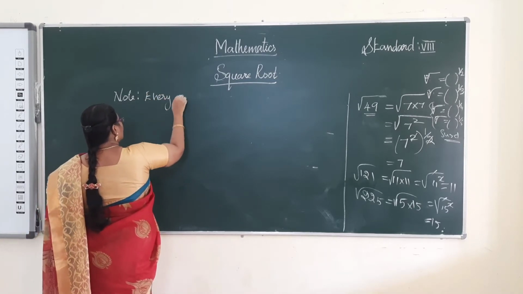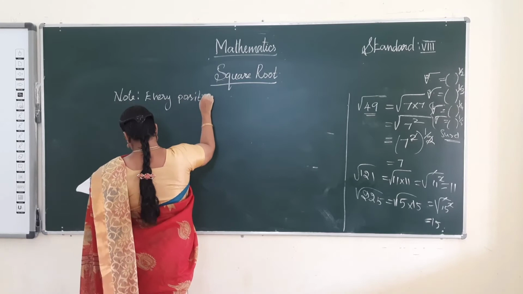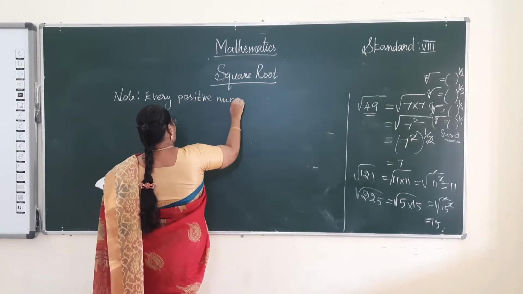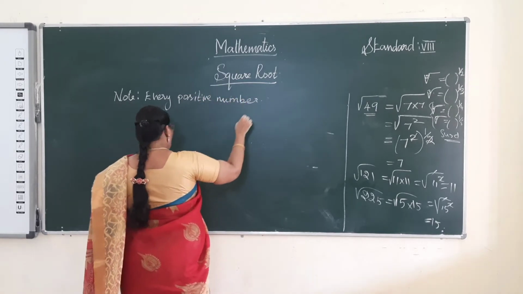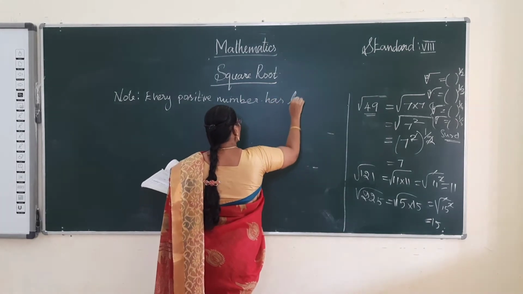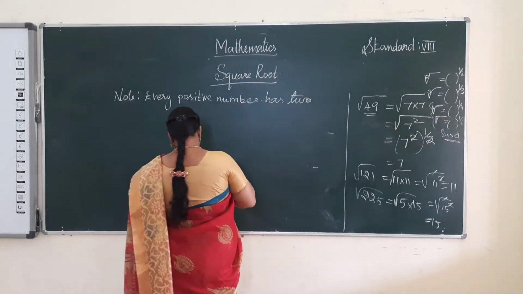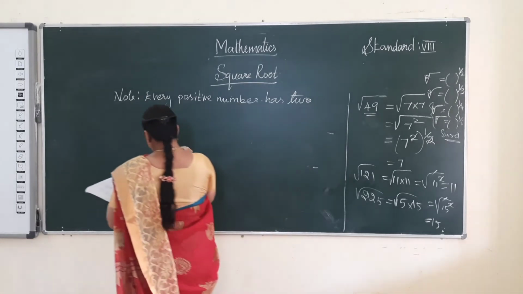Every positive number has 2 square roots.